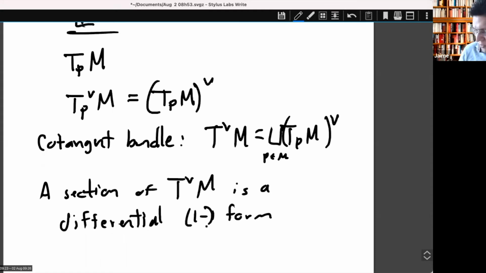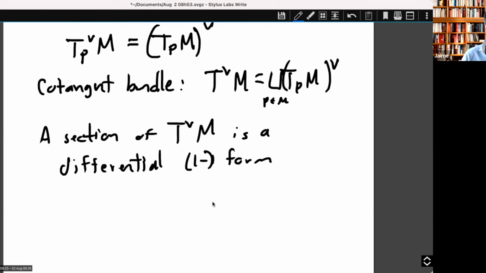Yes. So whenever you have the cotangent bundle, you can associate, by linear algebra, the alternating product.